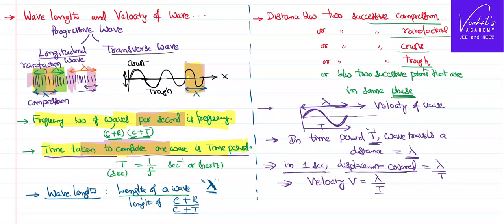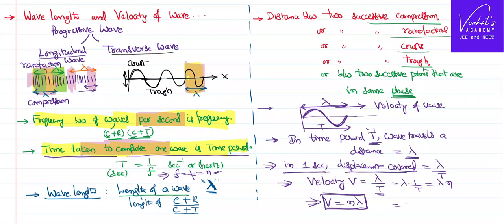We also know that this is lambda into 1 by t, but 1 by t, time is 1 by frequency, or frequency equals 1 by time. It can also be shown with the letter n. 1 by t is nothing but equal to n. So that is equal to lambda into n. That implies what we have got is the velocity of the wave is equal to n lambda.